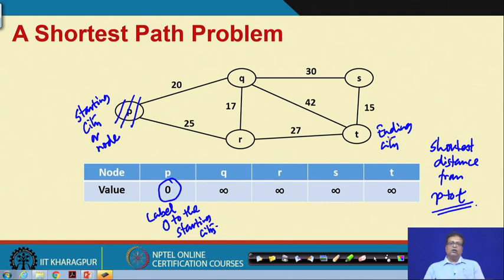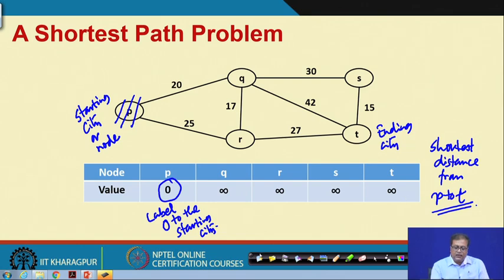So we begin Dijkstra's algorithm in this manner: we put a label 0 on the starting city and label infinity on all the other cities. That is our stage 1. Is it clear to you?